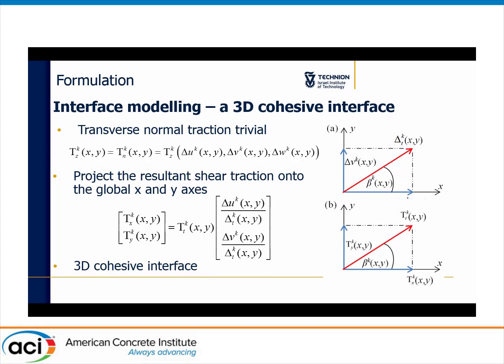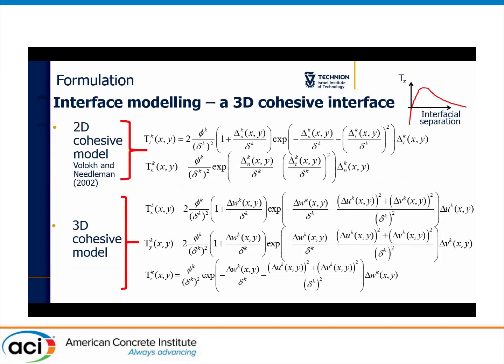Thus, we obtain a three-dimensional cohesive interface. In this work, we used an exponential two-dimensional cohesive model, and using the steps that I outlined before, we obtain a full three-dimensional cohesive model.